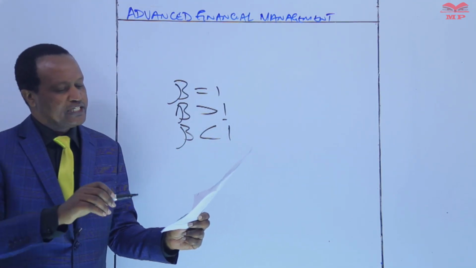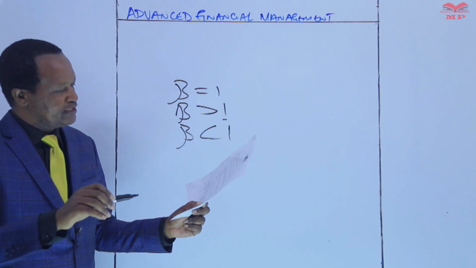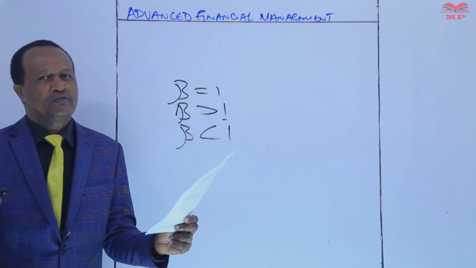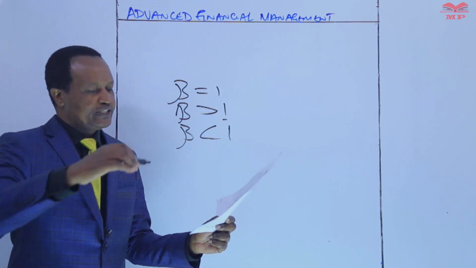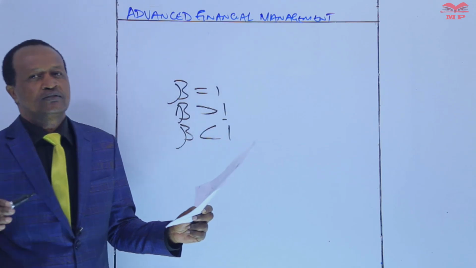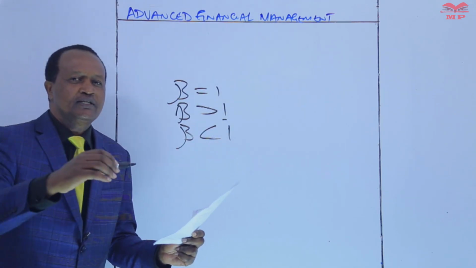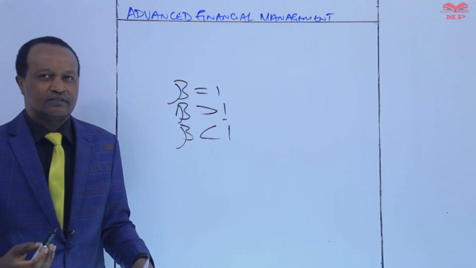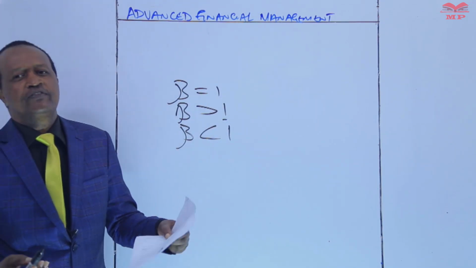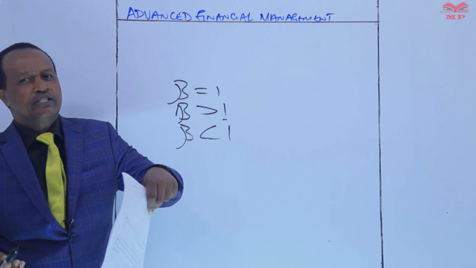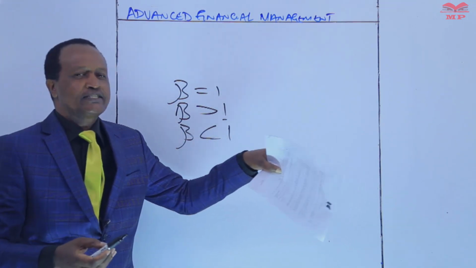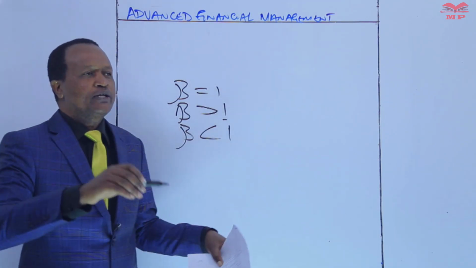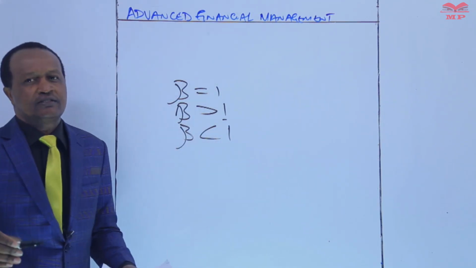And we've seen that asset B's beta is 1.75, which is greater than 1. Asset B, as I indicated, is more volatile than the market, meaning that for every 1% change in the market, asset B's return is expected to change by 1.75%.